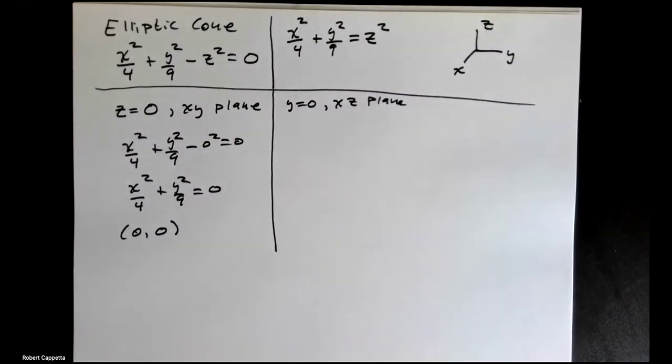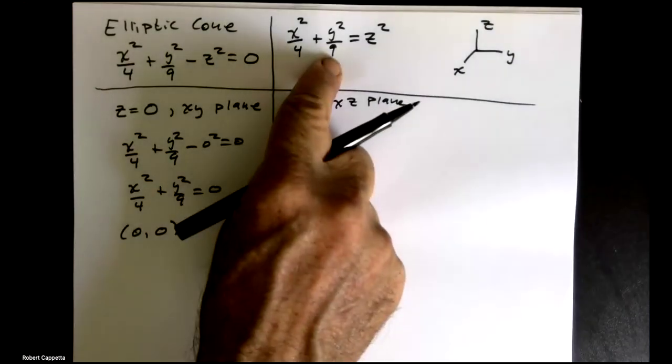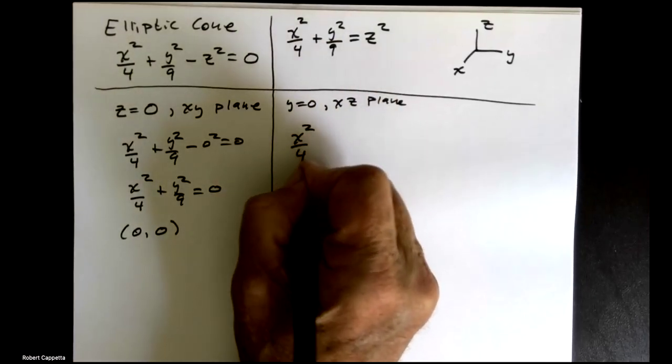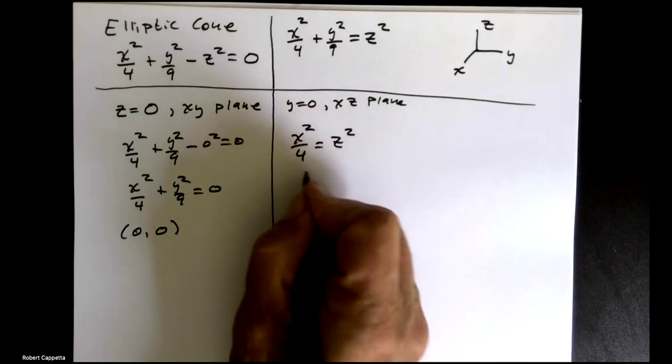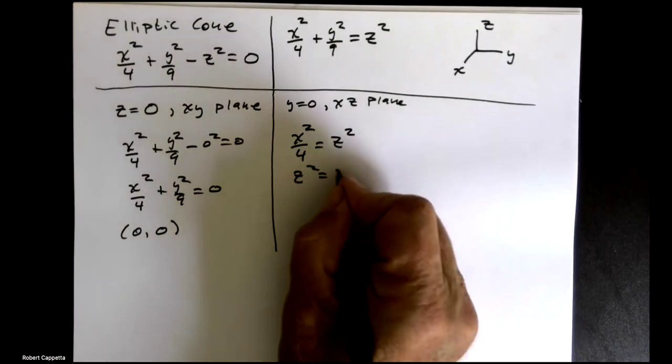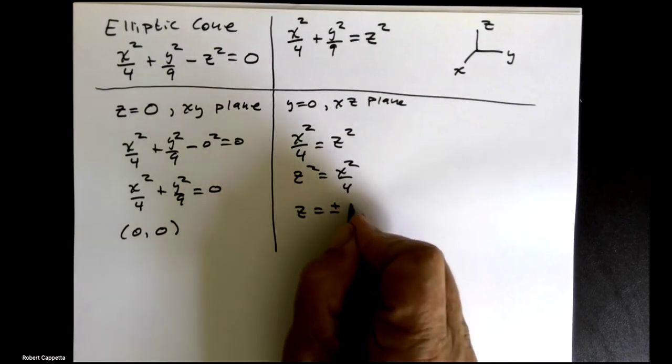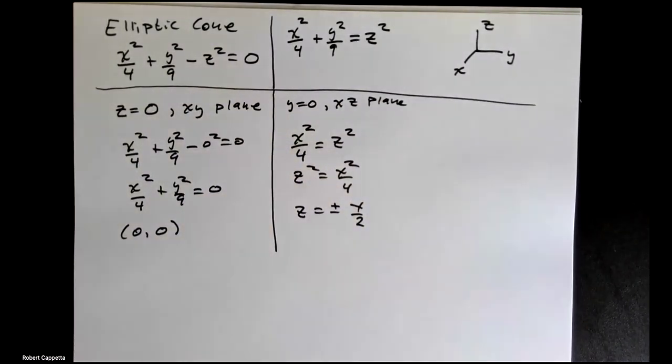Looking at it from the left, what are we going to be seeing? And so if y equals 0, that goes away, and I just get x squared over 4 equals z squared. And then taking the square root of both sides, I get z is plus or minus x over 2. So those are intersecting lines.